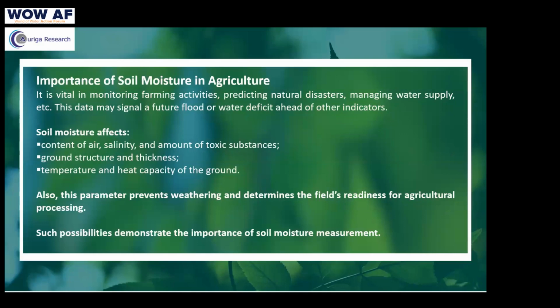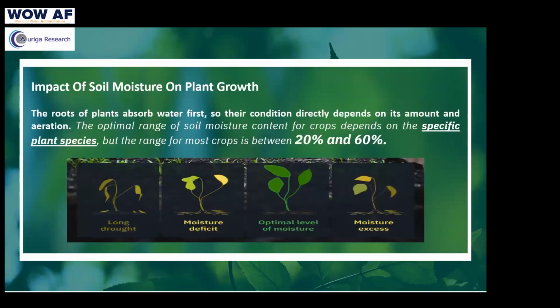The ground structure, the thickness, and the heat capacity of the soil are all regulated by soil moisture. Therefore soil moisture is a very important factor with respect to the soil, which is the uppermost crust of the earth.